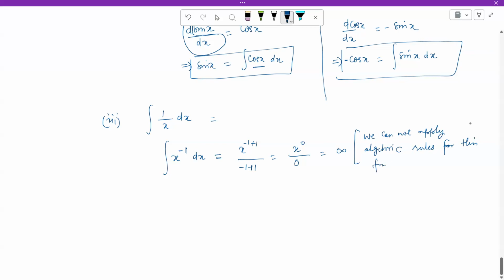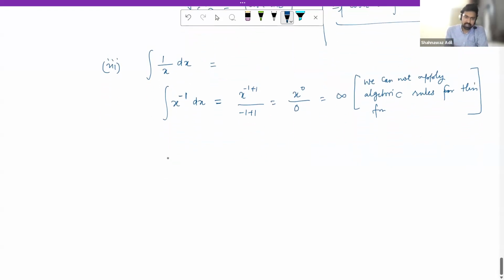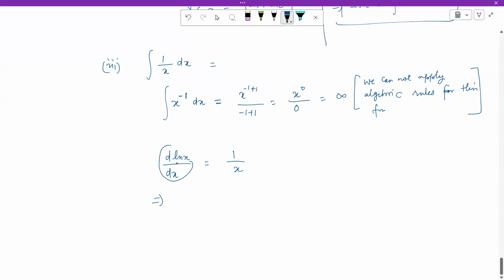But we have a known result of differentiation. If you remember, the differentiation of ln x was 1 by x. So if we take this operation to the other side, it will be integration.